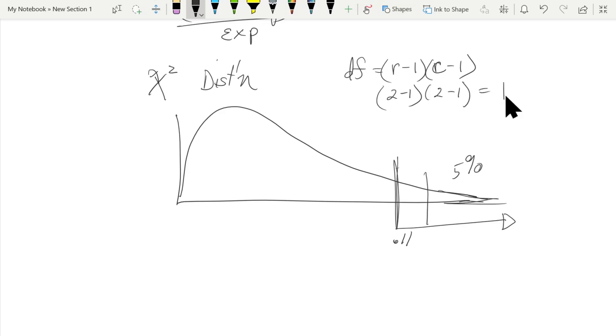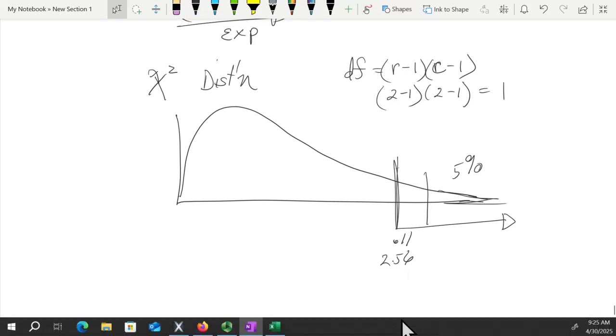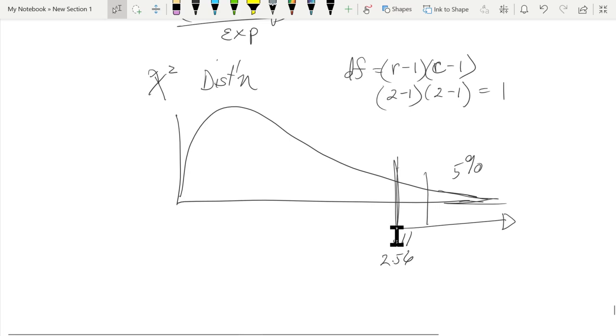So I have 1 degree of freedom. So I had 2.56 as my chi-square value. Its p-value is in the 11% in the right-hand end. And if I test this at the 0.05 level, I cannot reject the null hypothesis that they're the same. The drug doesn't work.